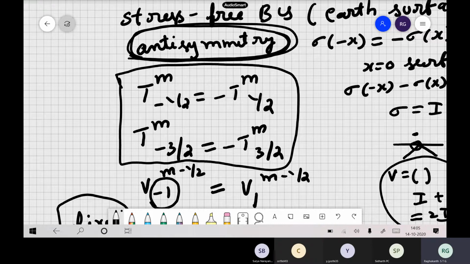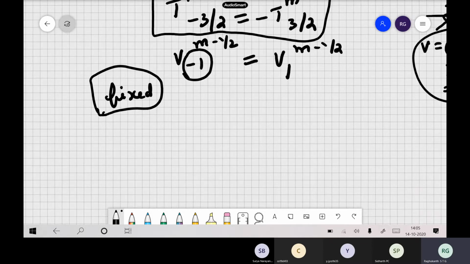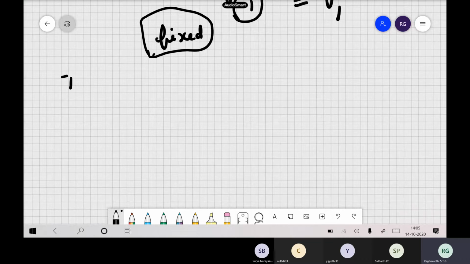When you have a fixed boundary condition and you want to make velocity 0, you have to make velocity antisymmetric. Automatically they get cancelled against each other. This is how the boundary condition is handled in finite difference. Then the most important thing we were discussing was how to represent these infinite mediums.